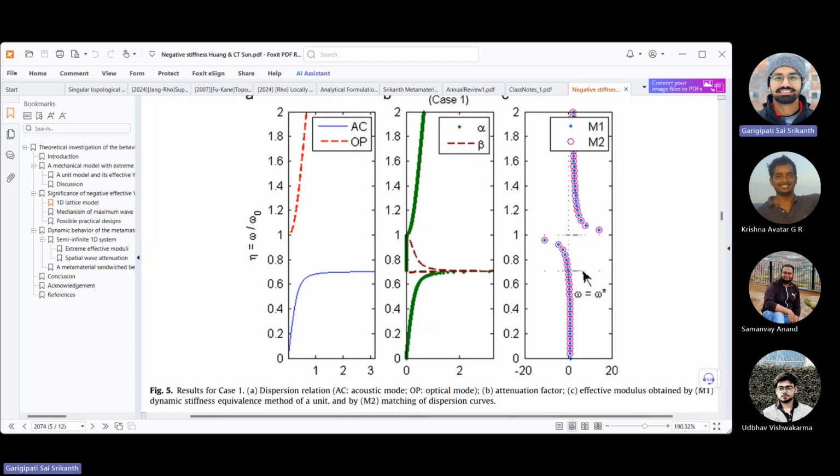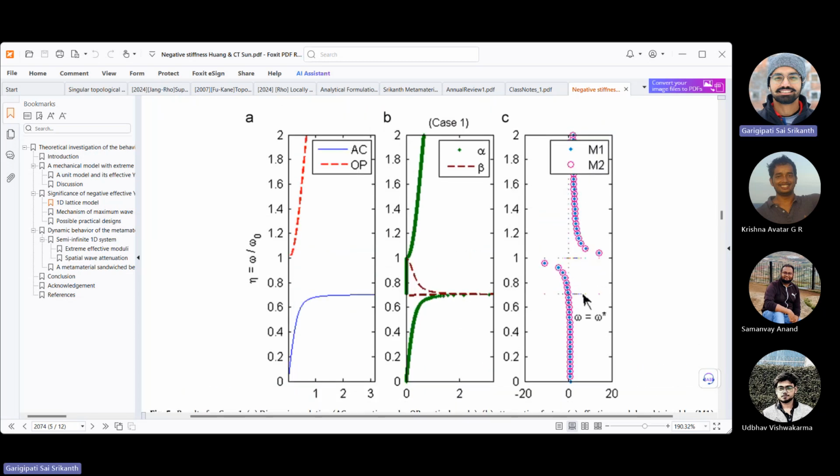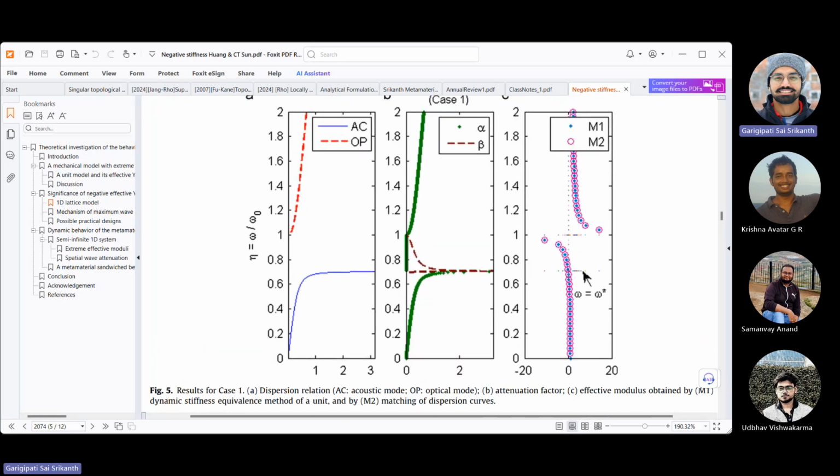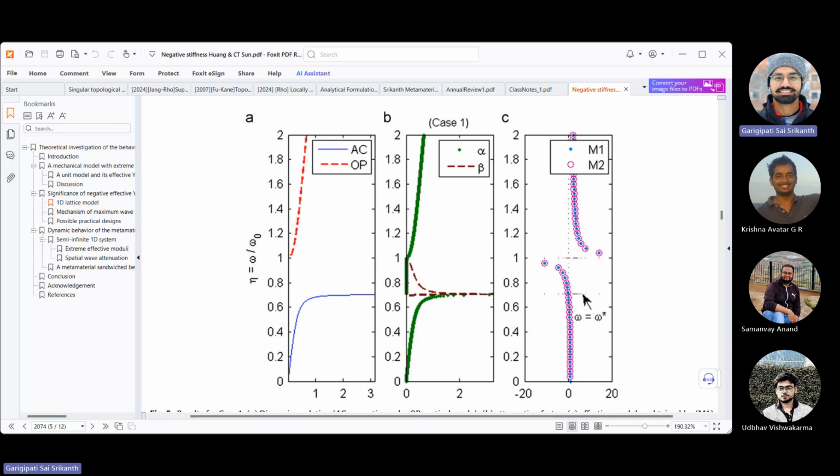Then the second subplot is showing you attenuation. So we spoke about attenuation. What is attenuation? We wrote wave number q as alpha plus I beta. So I think they have also followed the same notation.